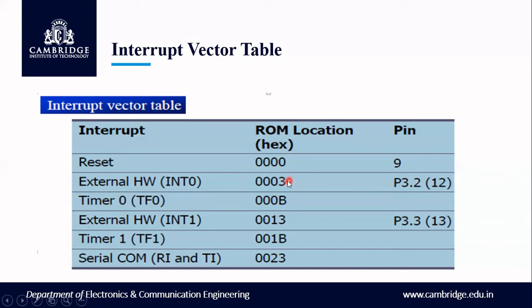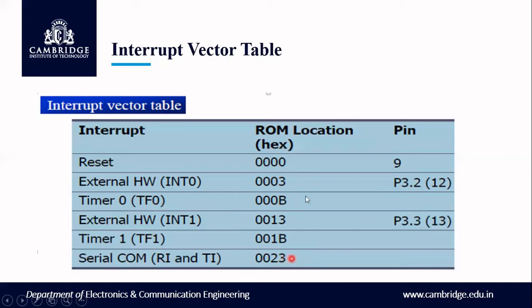So you need to remember INT0 address is 03, INT1 address is 013. You can remember this: 03, 013. And timer 0 is 0B, timer 1 is 1B. So 0B, 1B, that you need to remember. Then the serial interrupt is 0023. After 23, again up to 30H, some bytes remain reserved for writing the serial interrupt subroutine.